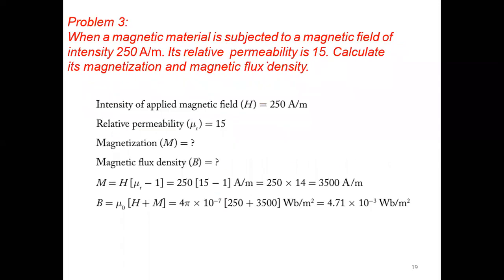And problem number 3: when a magnetic material is subjected to a magnetic field of intensity 250 ampere per meter, and the relative permeability, that means the ratio between the permeability in the material and the permeability in free space, is 15.